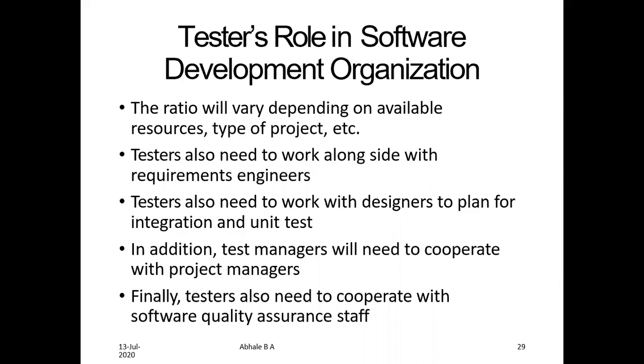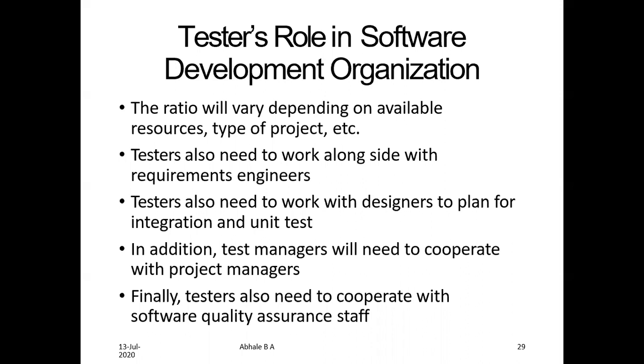Next, the tester also needs to work with the designer to plan for integration and unit testing. These are types of testing that we study in unit number 2, system testing types of testing. So who is a designer? You are studying the subject software modeling and design, in which we develop different types of diagrams: activity diagram, class diagram, use case diagram, sequence diagram.